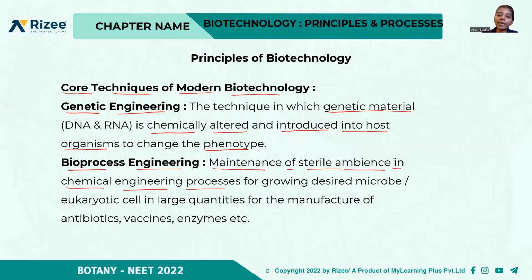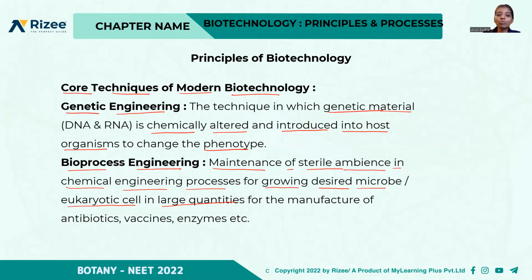It is for growing the desired microbes or eukaryotic cells in large quantities, that is, in fermenters. We can grow the microorganisms in fermenters for the manufacture of antibiotics, vaccines, and enzymes.